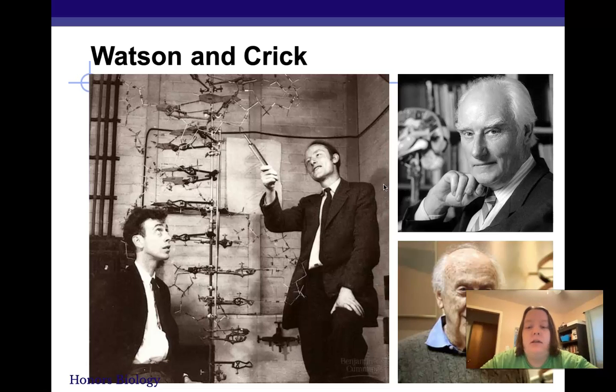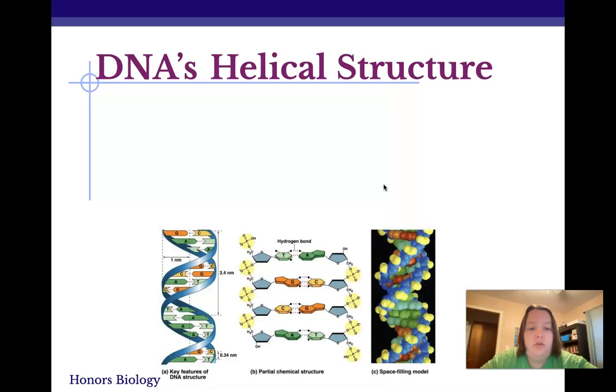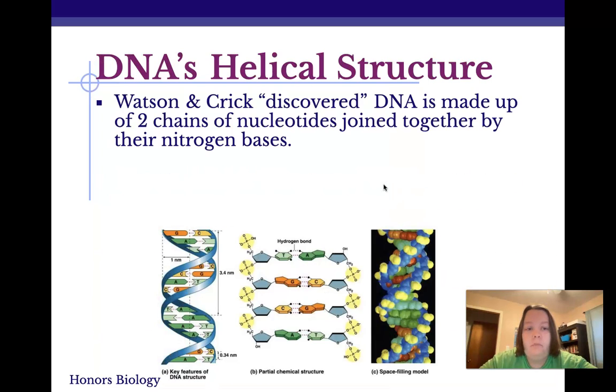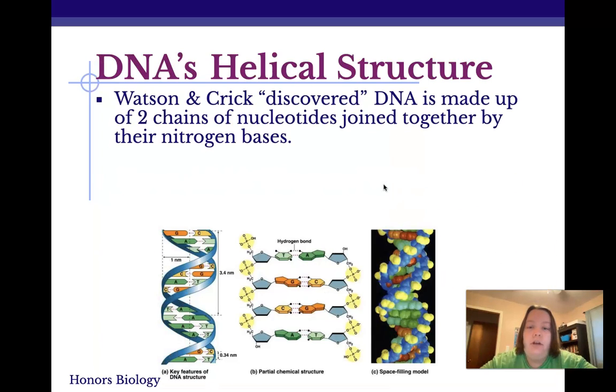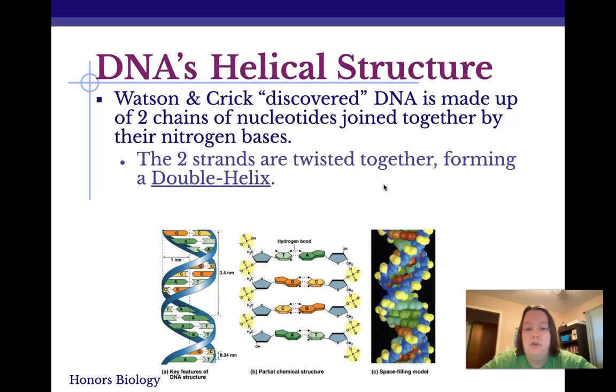So our next two scientists, Watson and Crick, are credited for finding the structure of DNA. Watson and Crick discovered that DNA is made up of two chains of nucleotides joined together by nitrogen bases. And together they form the double helix. You might be wondering why I said discovered like that.